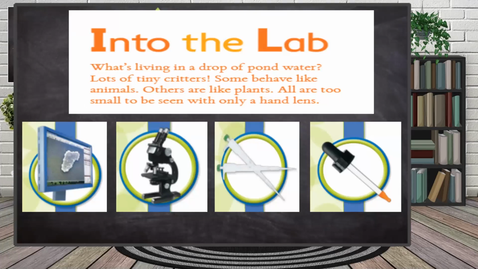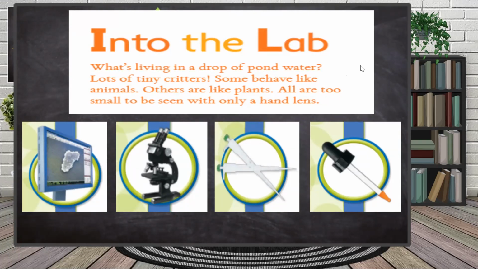Into the lab. What's living in a drop of pond water? Lots of tiny creatures. Some behave like animals, others are like plants. All are too small to be seen with only a hand lens.